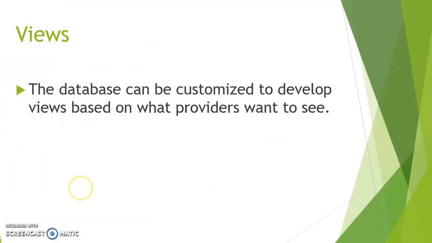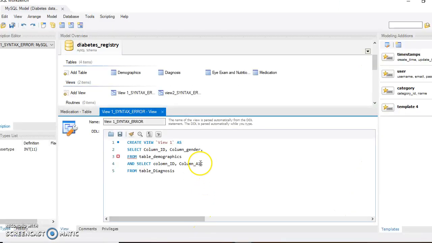Another feature is the database can be customized to develop views based on what providers, researchers, or other departmental needs want to see. Here's what a view looks like. In this first case, we've created a view where we're pulling just the patient identifier.